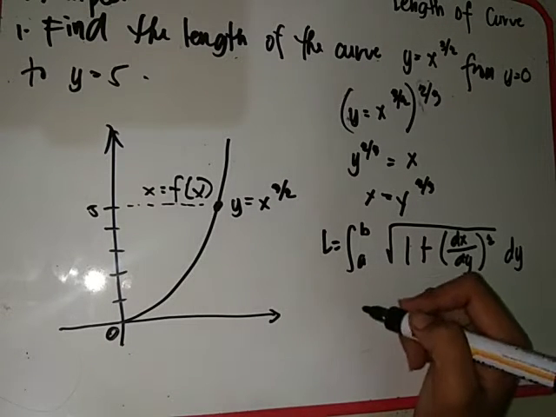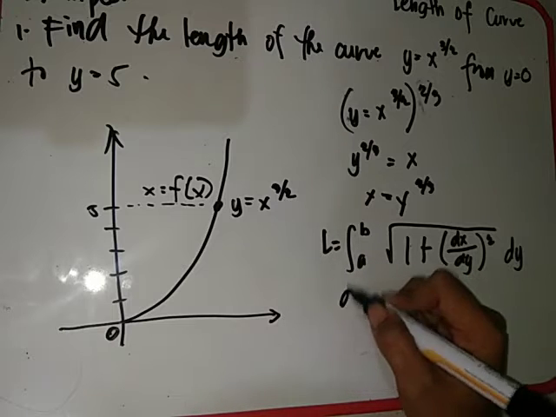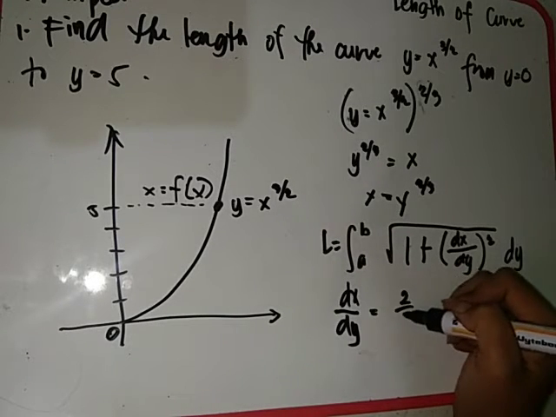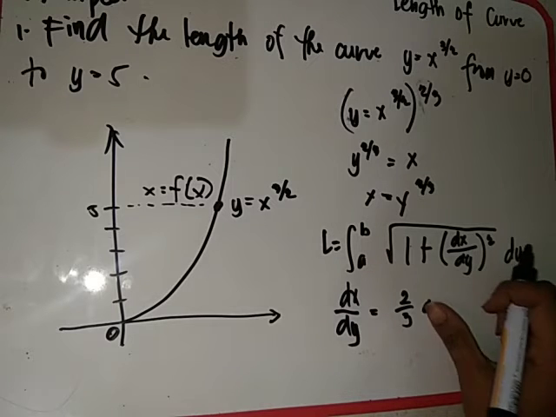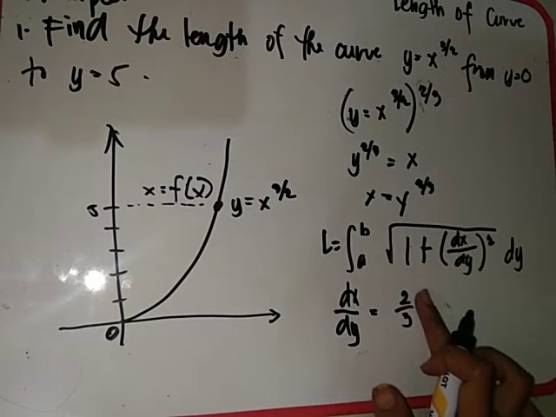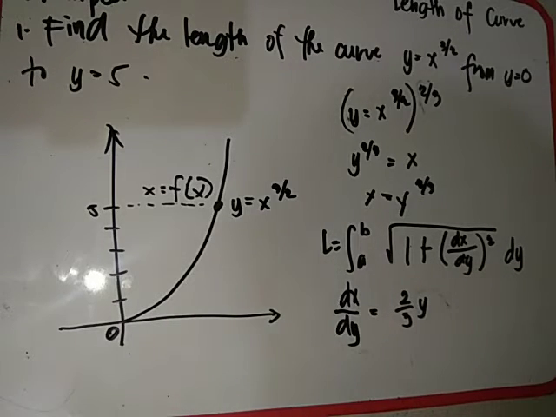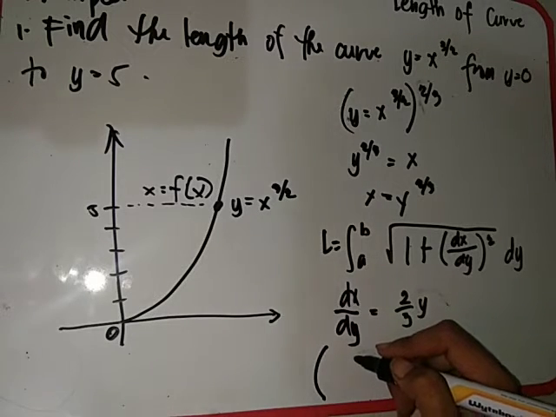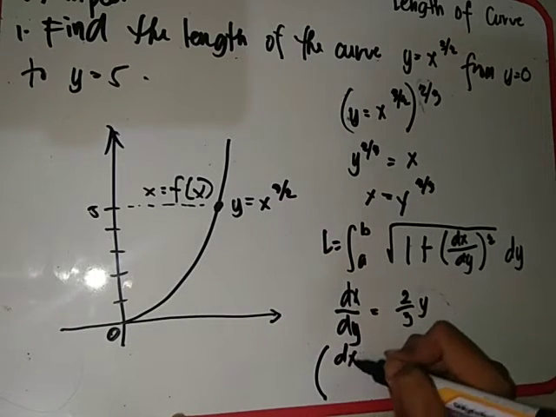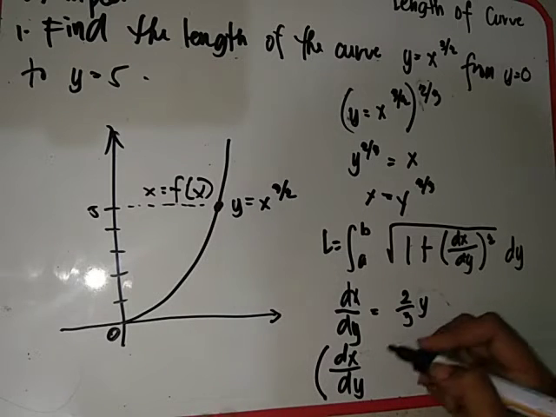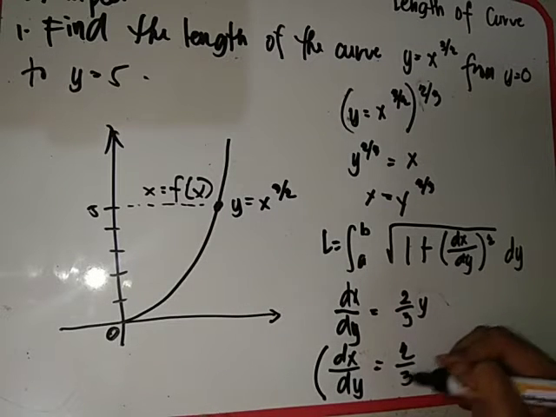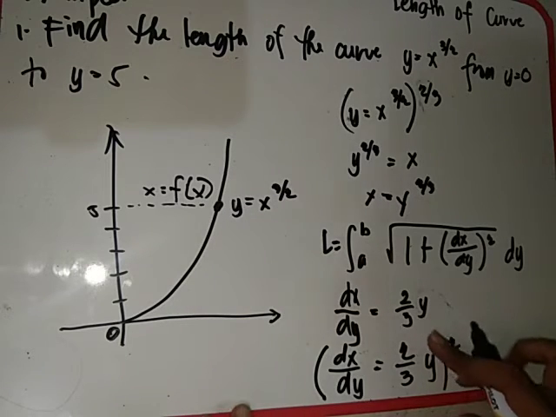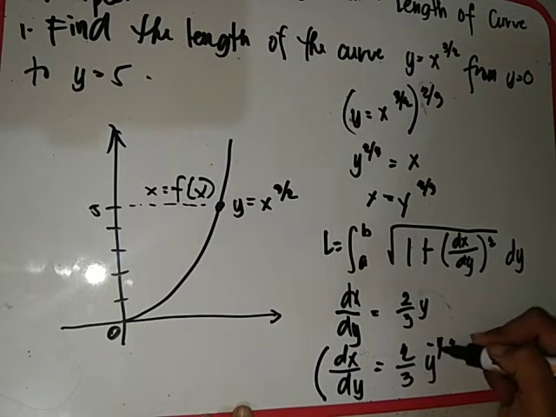So we have dx over dy is equal to 2/3 y raised to negative 1/3, and then we have to square it.